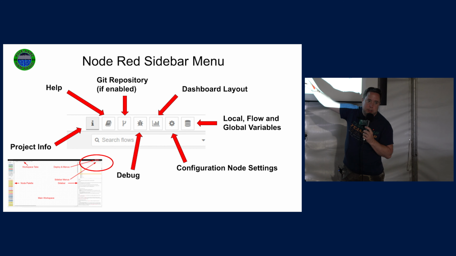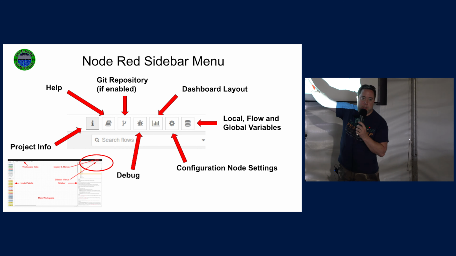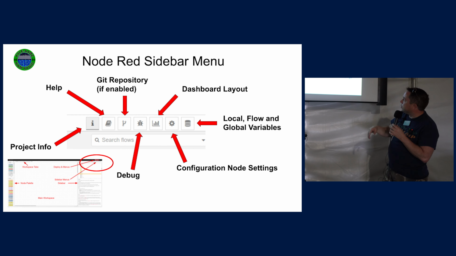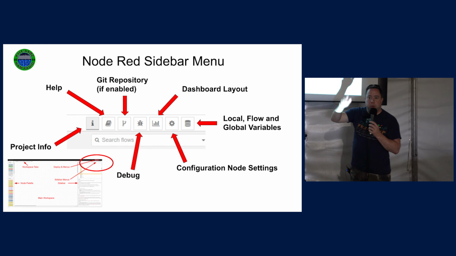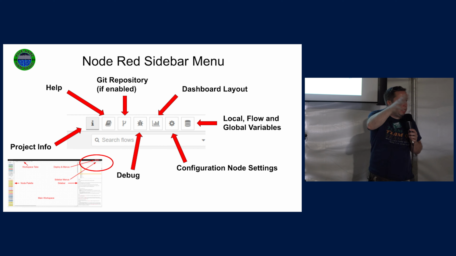Here's your debug sidebar. So remember, I was clicking on those debug nodes and enabling them, right? Well, you got to find that debug information somewhere. You click on the debug sidebar, a new sidebar appears with all your debug information in it, okay? And then the dashboard. We're going to get into the dashboard on how you manipulate the dashboard, because you're probably thinking, all right, I'm putting all of this stuff in dashboard nodes, but how do I move stuff around?